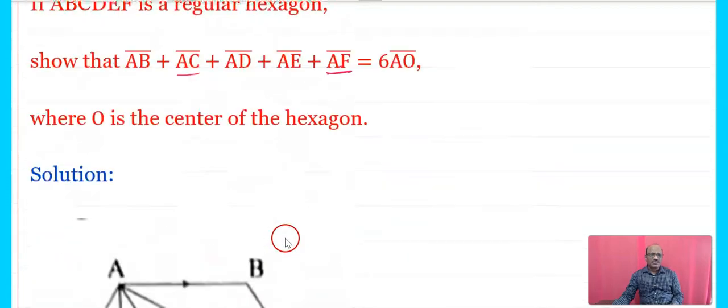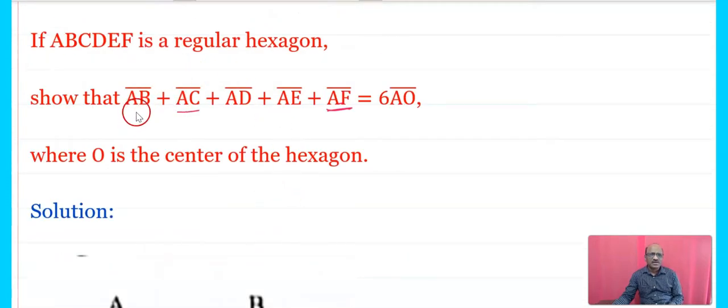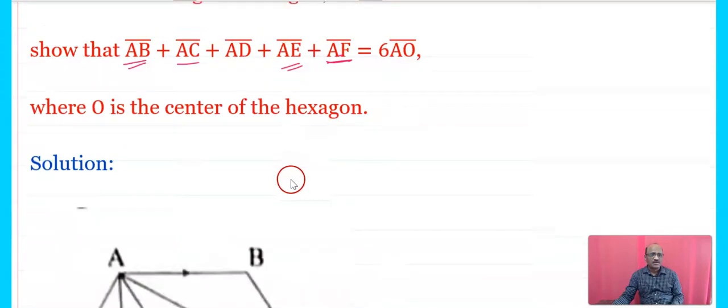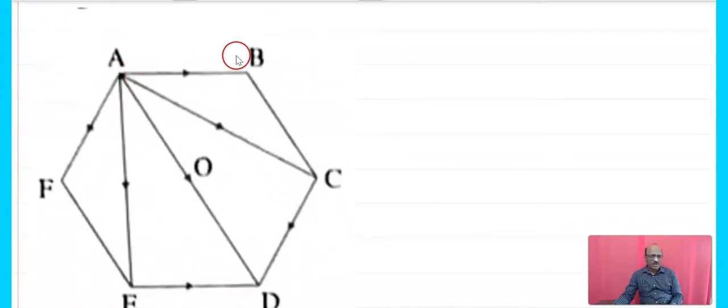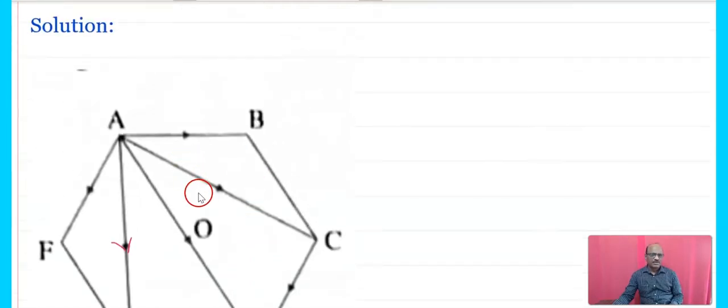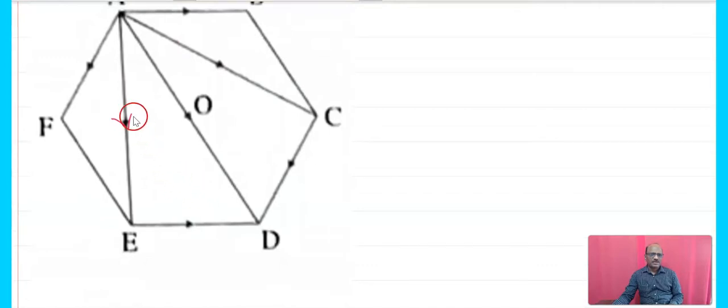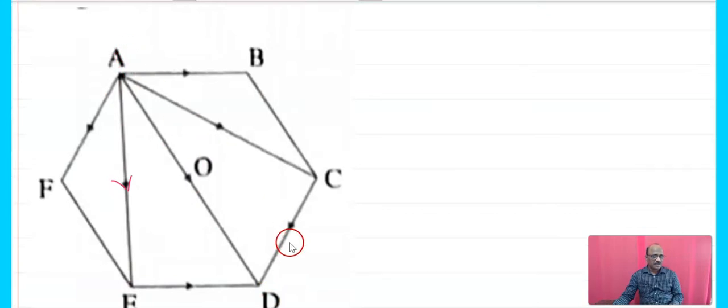Now which terms are remaining? The terms are AB bar and AE bar. Now see here, AB bar plus AE bar. AB bar is parallel to ED bar, and therefore we write AE bar plus ED bar, and that is nothing but again the AD bar.